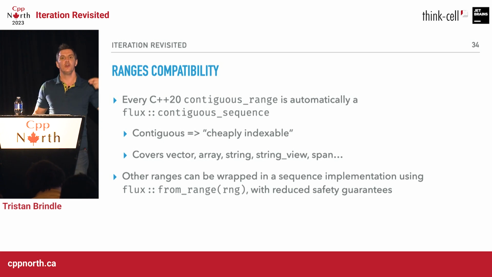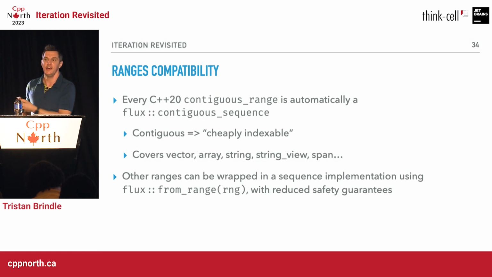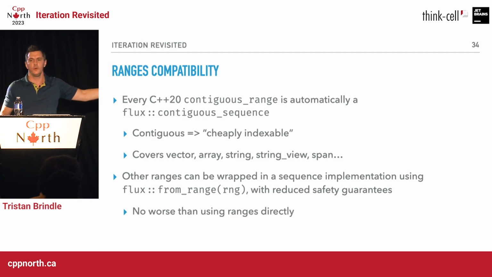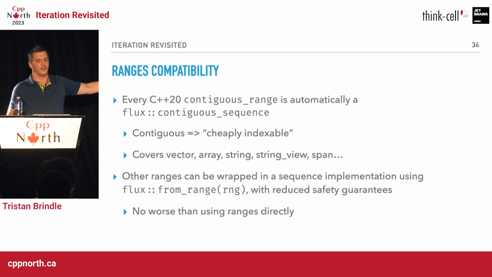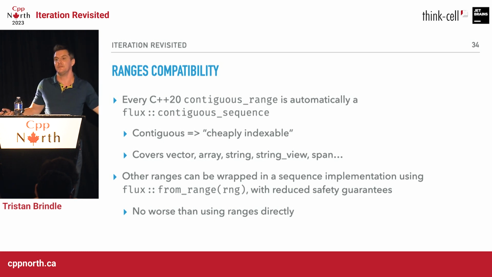Now, because we have to call the iterator operations, these are unsafe, as we saw. So if we're using fromRange, we don't get the same safety guarantees, which is a bit of a shame. It's no worse than using ranges directly, but it's just so that we have compatibility. It's the best we can manage.